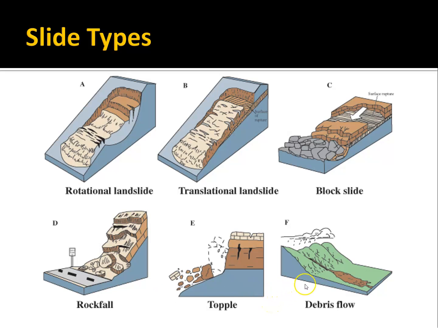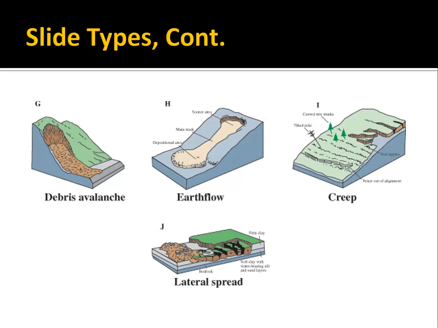And sometimes you can have a debris flow, so you get this intense rainfall up in a canyon or on a hillside, and then a slide occurs, and it's just this big, long, muddy debris flow. Those can cause a lot of damage. We'll see some examples of that. A debris avalanche is kind of the same thing.